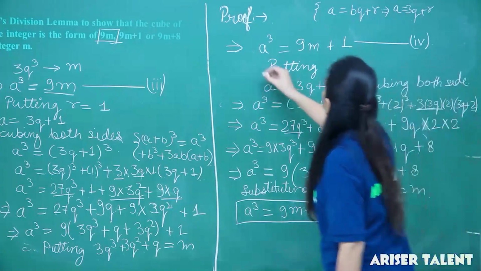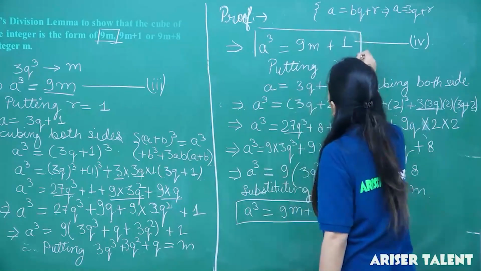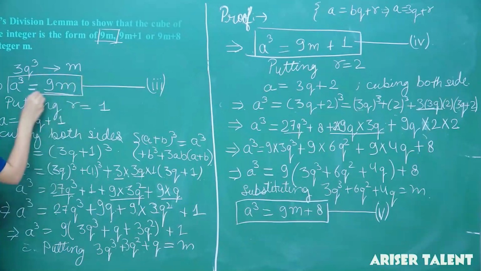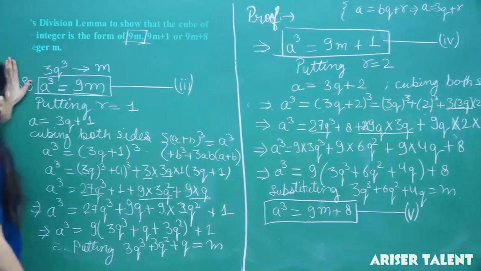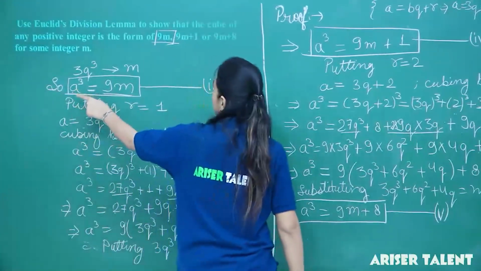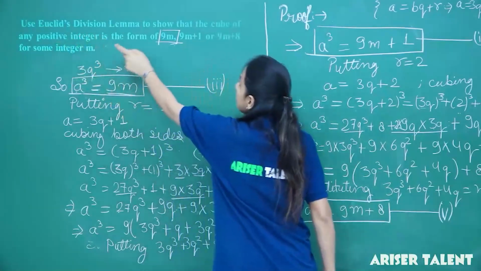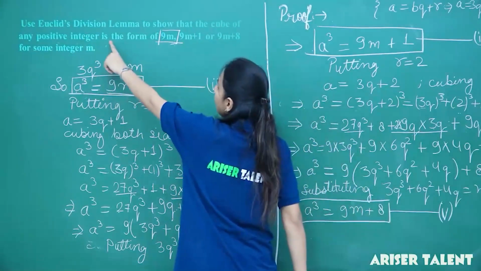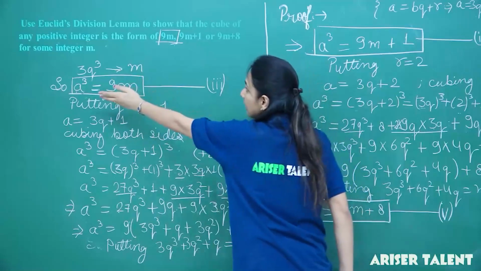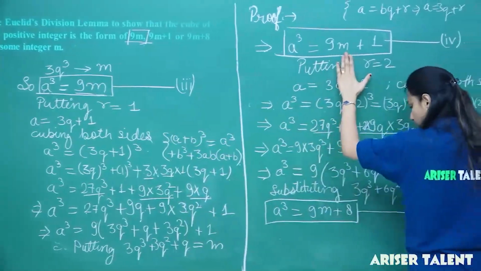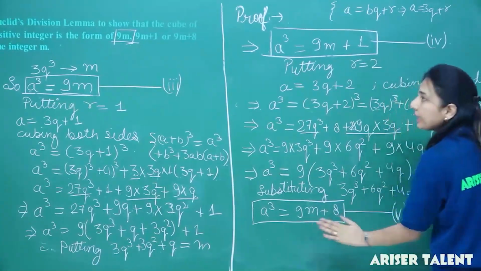Now, look at this equation. When we did the cube of integer a, which we assumed as any positive integer, we found that the answer is either in the form of 9m or 9m plus 1 or 9m plus 8.